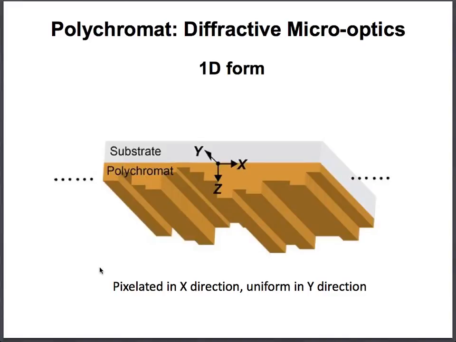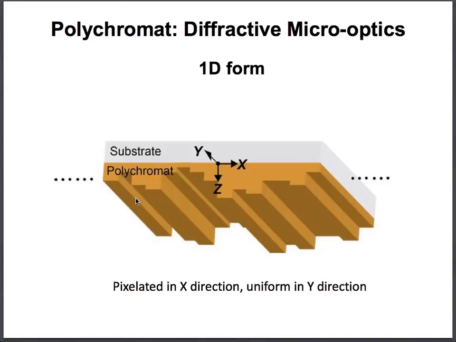So it's essentially a pixelated structure, as you can see, and each pixel has a uniform width. In our case, it could be 10 micrometers or 3 micrometers, something like that.